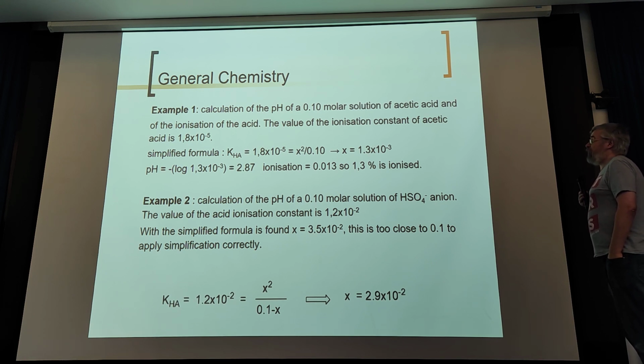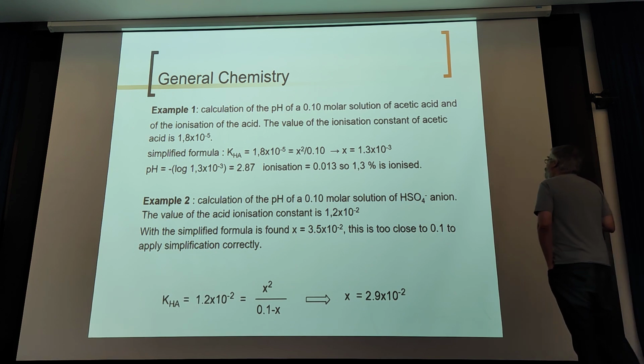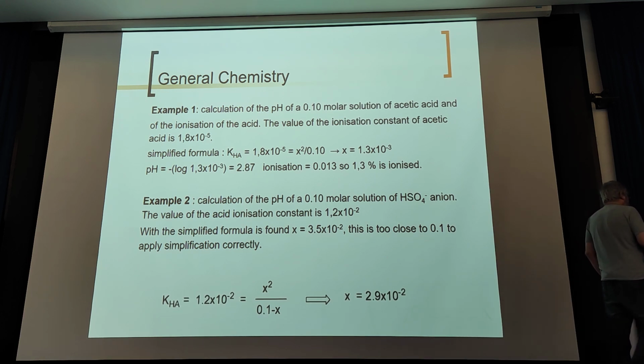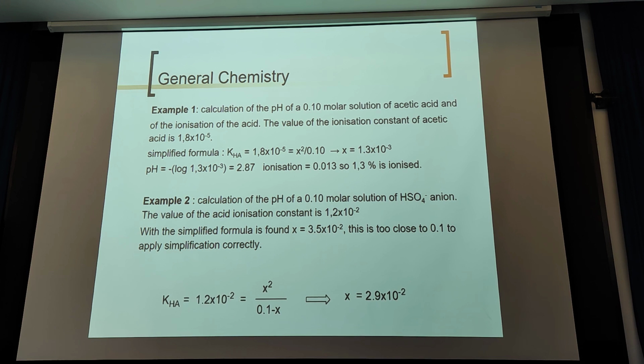And with the simplified formula, we can actually calculate that x should be 1.3 10 to the minus 3. We do that by taking the square root of the concentration, 0.1, multiplied by 1.8 10 to the minus 5. Okay, so we take the negative logarithm of 1.3 10 to the minus 3, that's 2.87.